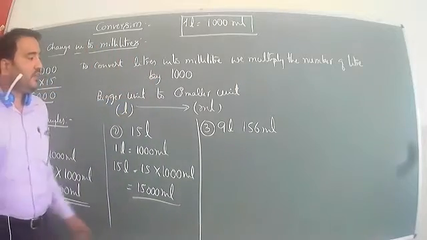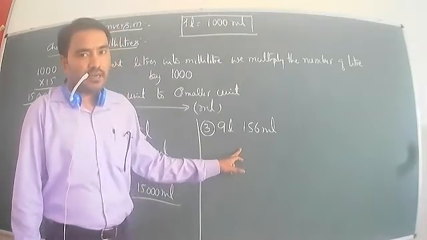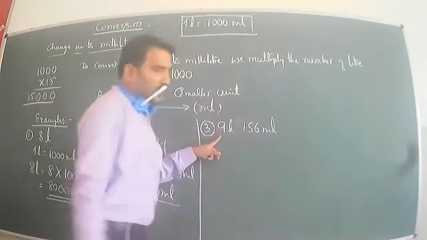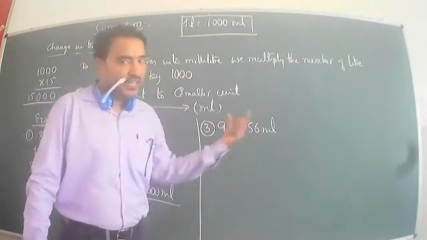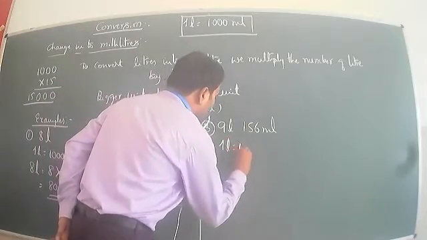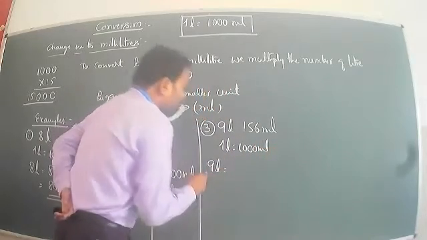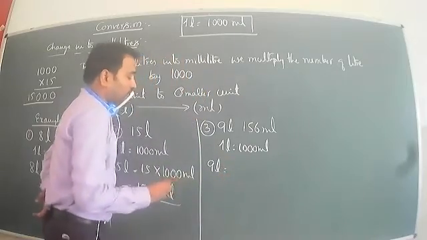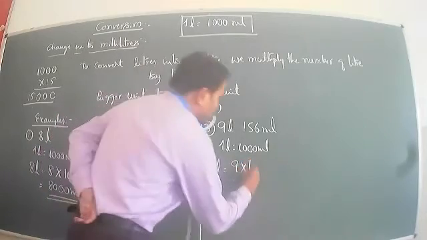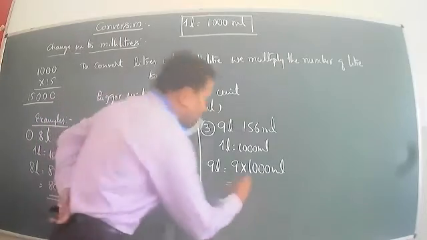This type of question we have already learned in length and measures of mass. First we convert the 9 liter to milliliter, and then we add the remaining milliliters. 1 liter equals 1000 milliliter, so 9 into 1000 is 9000.